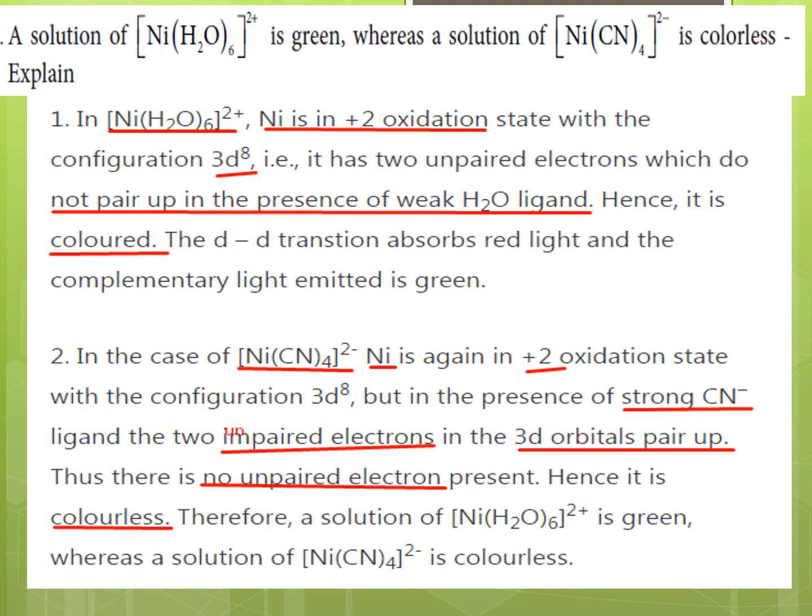A solution of [Ni(H2O)6]2+ is green, whereas a solution of [Ni(CN)4]2- is colorless. When you calculate the oxidation state of nickel in both the complexes, in the first complex, the hexa-aqua complex, nickel exists in 2+ oxidation state.